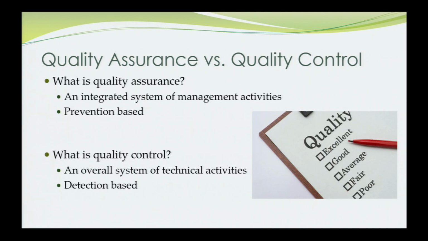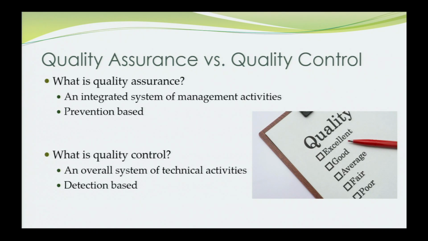Both QA and QC are terms that are often incorrectly used interchangeably, and that is because these concepts are so very tightly linked. Quality assurance is an integrated system involving planning, implementation, reporting, assessment, and continuous improvement.